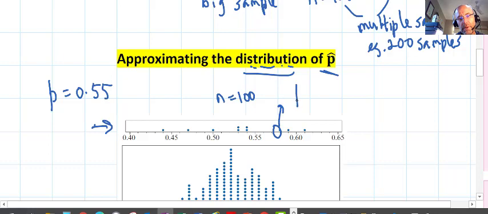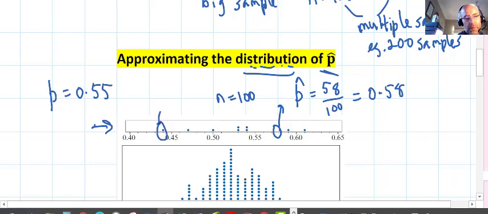That would be a single situation where 58 over 100 were noted to have the characteristic of interest. This one back here would be 0.44, so 44 out of 100.